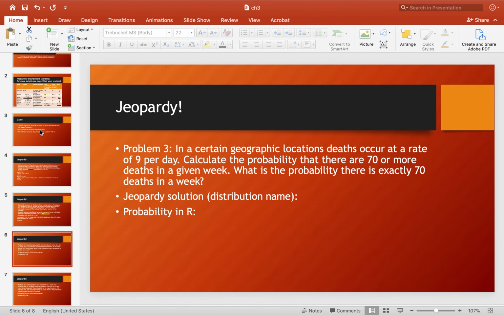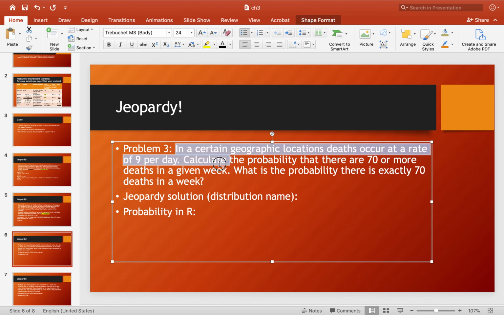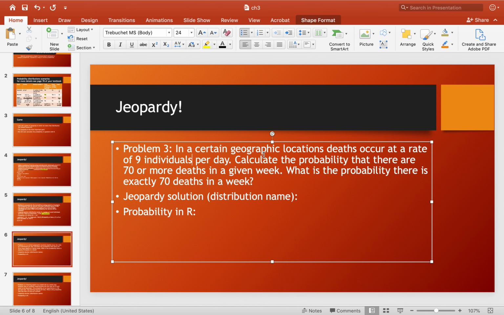Okay, so I might have spoiled the next problem, but let's look at it anyway. It says in certain geographic locations, death occurs at a rate of 9, and I'll specify individuals per day, because units are very important here. I want to calculate the probability there are 70 or more deaths in a week.